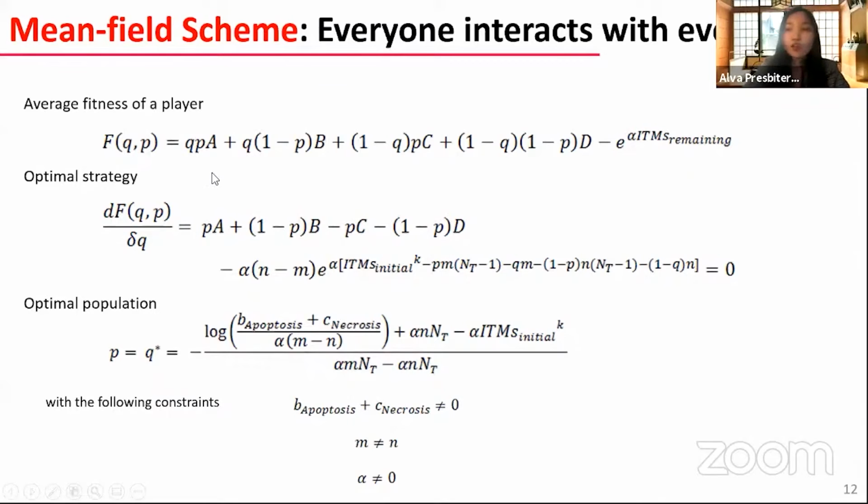So we calculate the optimal strategy by simply taking the derivative, and we come up with the optimal population, which is P equals Q. This would be the population of necrosis. And these terms, I will later explain what they are. And these should follow these constraints over here. So these are mathematical constraints.